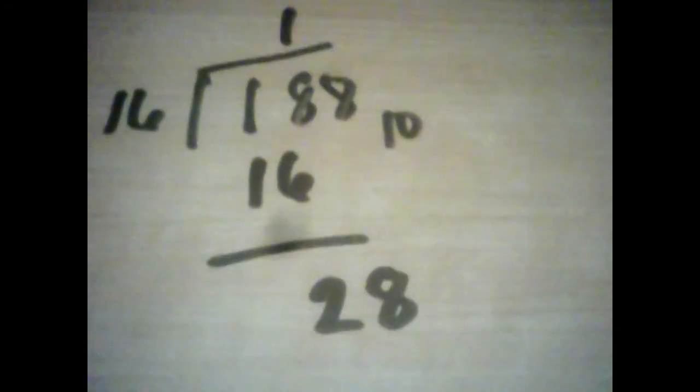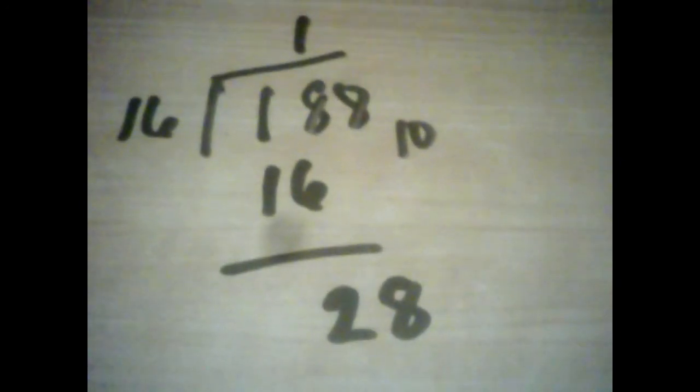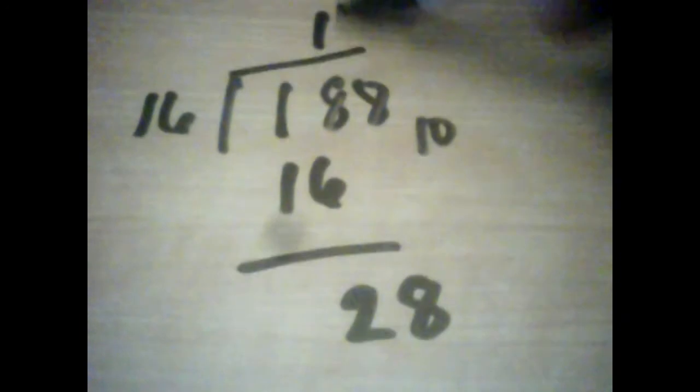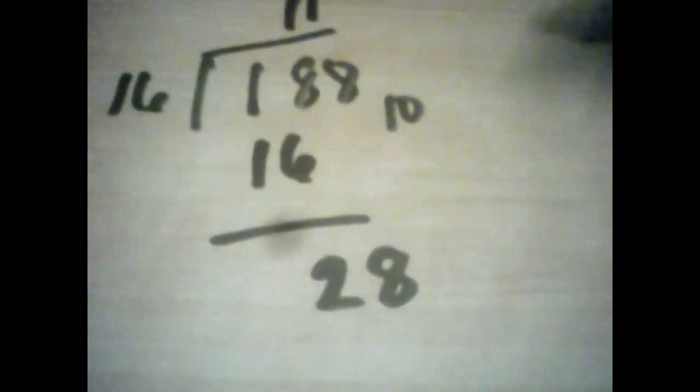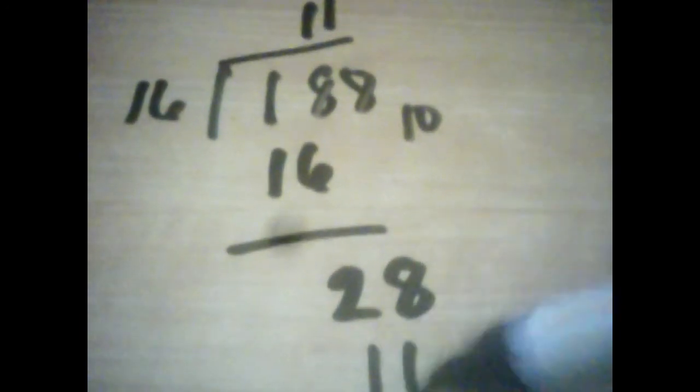Okay? We bring down 8 to make it 28. So now we are going to divide 28 with 16. So still we have 1 and then we have 16.